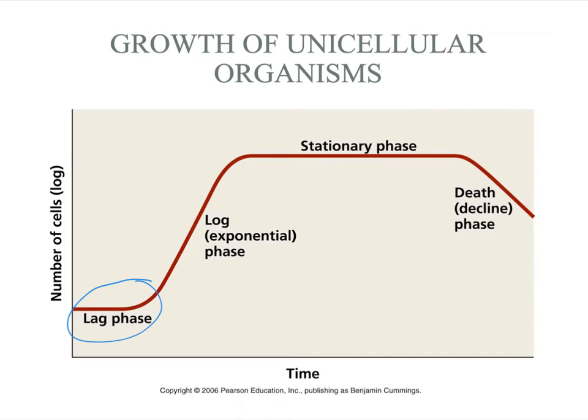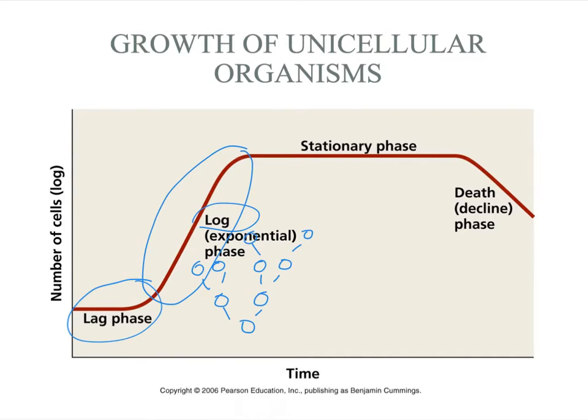The next stage is the log or the exponential phase, and what is happening here is that the cells are growing and multiplying at the maximum rate, provided that there's no limiting factor. It's called the log phase because one cell will divide into two cells, and then each of these two cells will divide again, and each of these will divide and produce more cells.